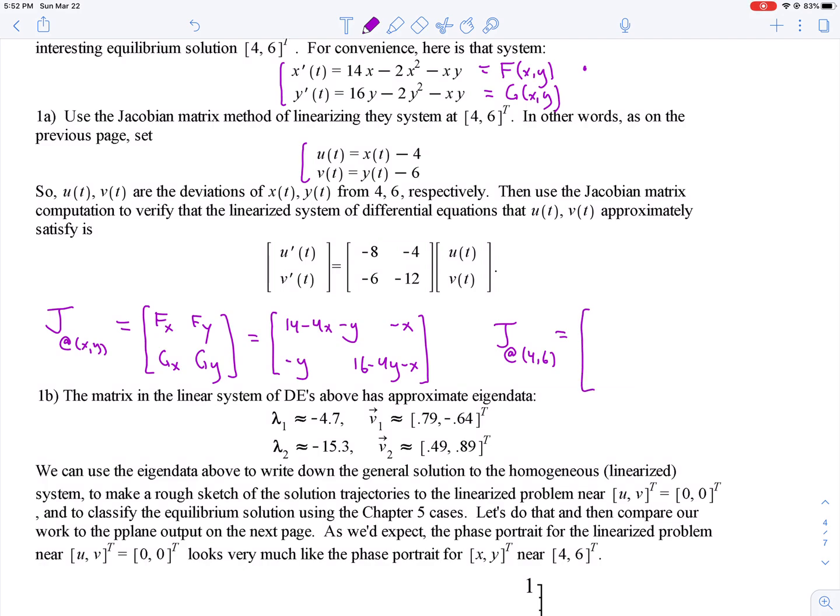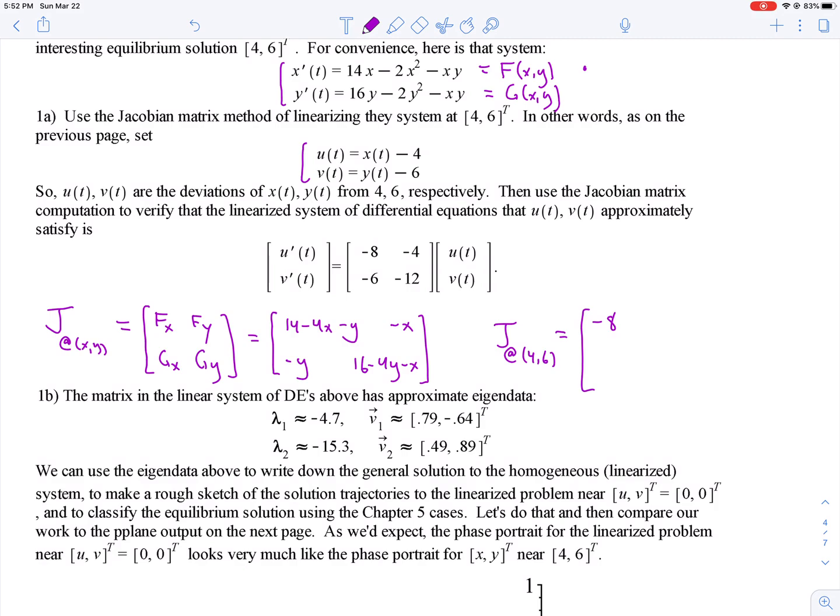Okay, so at 4, 6, I get 14 minus 16 is negative 2 minus 6 is negative 8. And I was just checking my work.